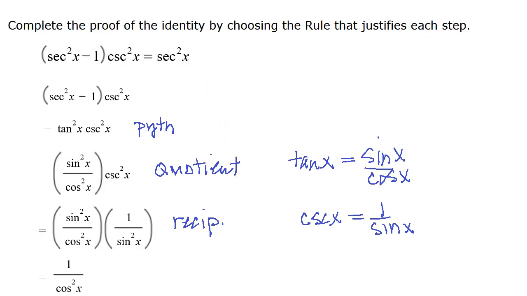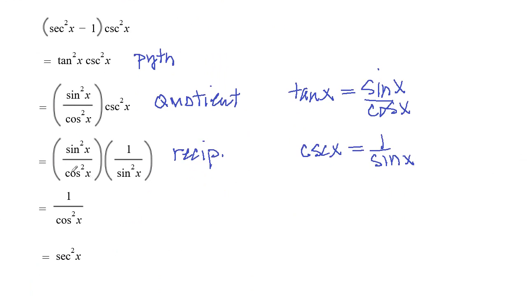And then the last step here, they went from this expression to 1 over cosine squared. So what they did there was they just canceled the sine squareds. So that's just algebra. Because on the top, there's a 1 left. 1 times 1 is 1. Cosine squared times 1 is cosine squared. And then 1 over cosine squared is secant squared.